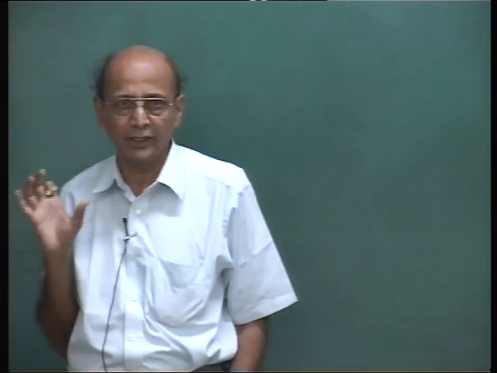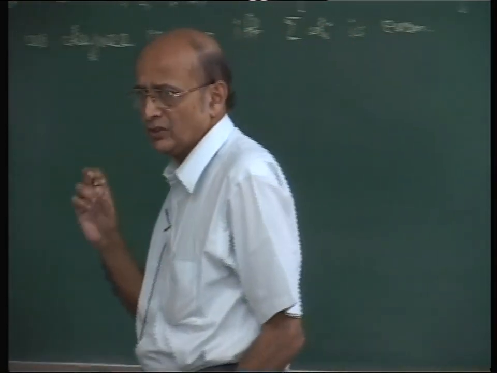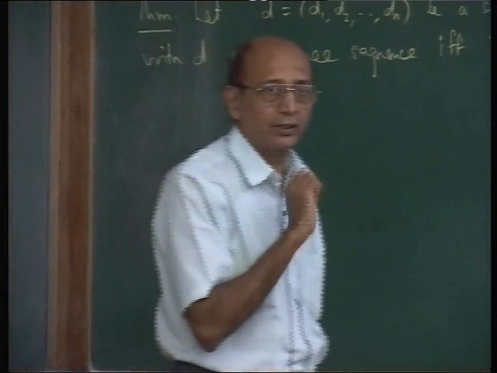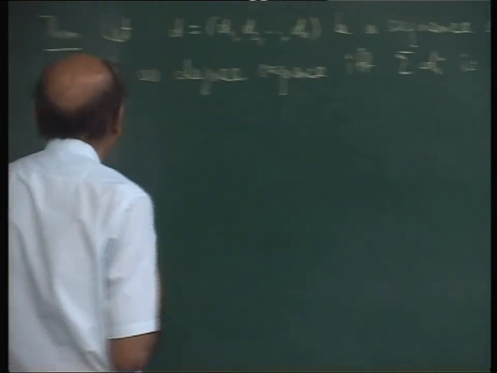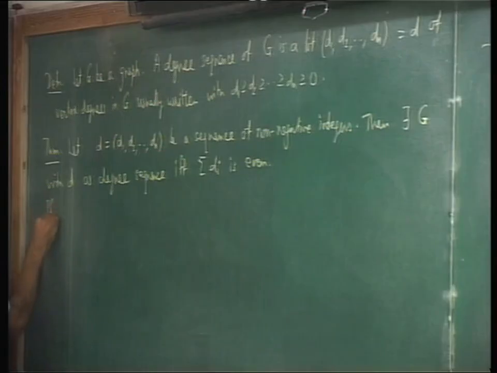This condition is clearly necessary, we have seen that already. You require that degrees add to an even number because every edge contributes 2 to each one of its endpoints. So, the condition is necessary.